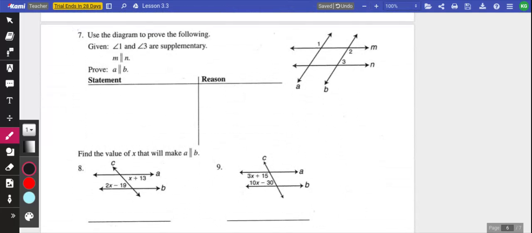Okay, so now we're actually going to use what we know and do a proof. We are given that angle 1 and angle 3 are supplementary, which means that they add up to 180 because that is the definition of supplementary.